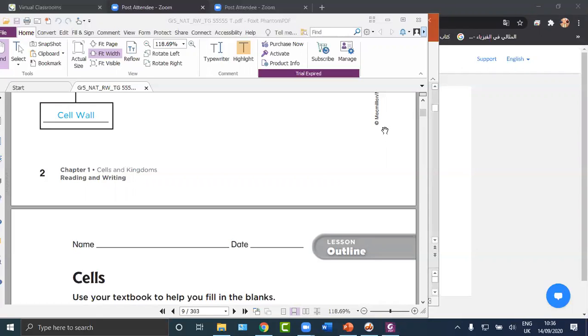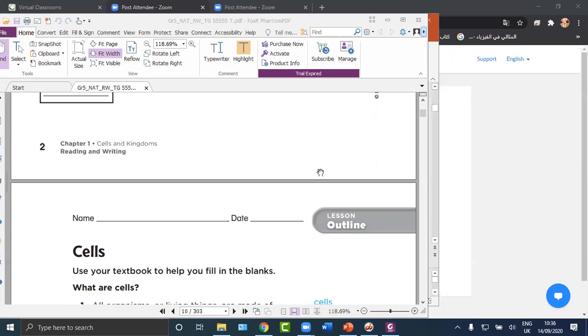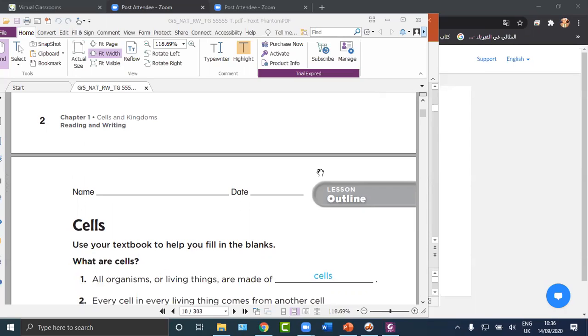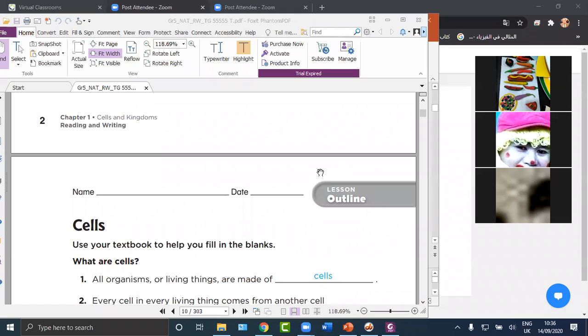Muaz Majdi. Here's the model answer. Every cell and every living thing comes from another cell that splits or divides. Yes, split or divide. Excellent.